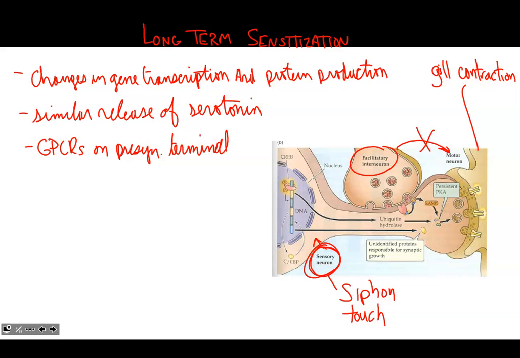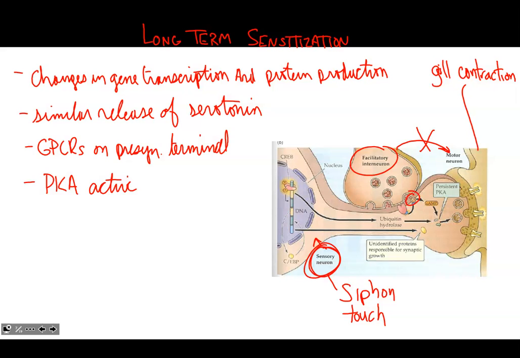Now, once those G-protein coupled receptors are activated, the end result is protein kinase A activity. So, protein kinase A is now active. And again, I think it's important to go through the process, right, that you've got an enzyme here, adenylyl cyclase.